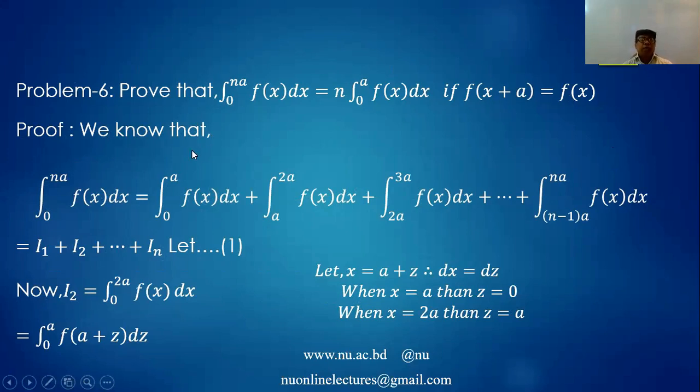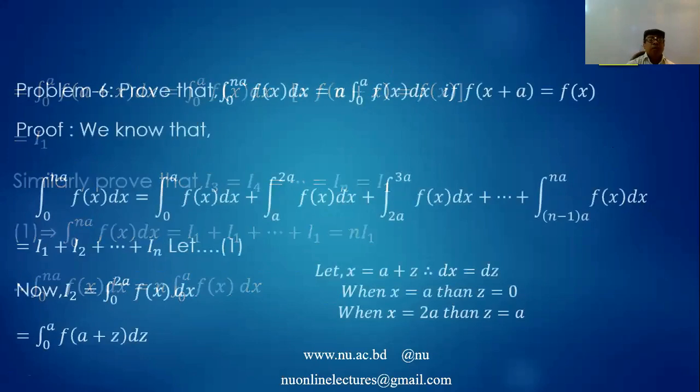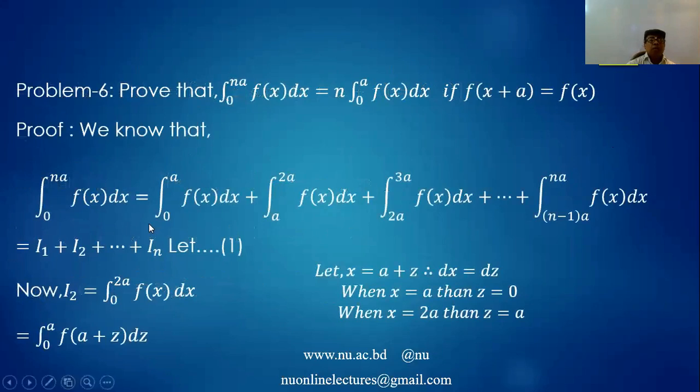Proof. We know that the integration from 0 to na of f of x dx, we can write in this way: 0 to a of f of x dx, plus a to 2a of f of x dx.